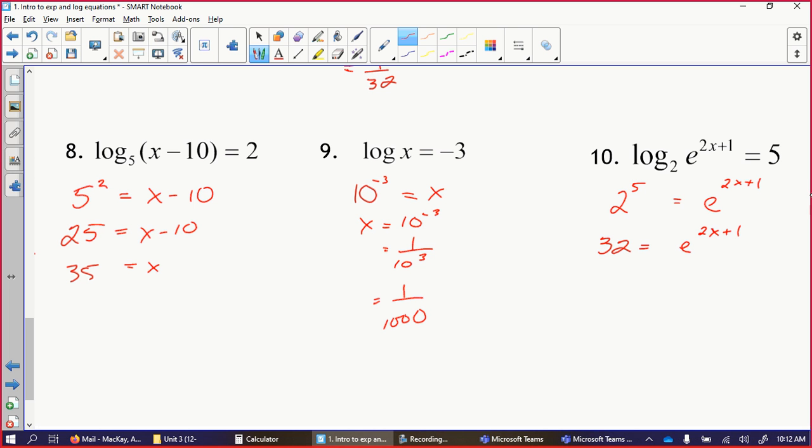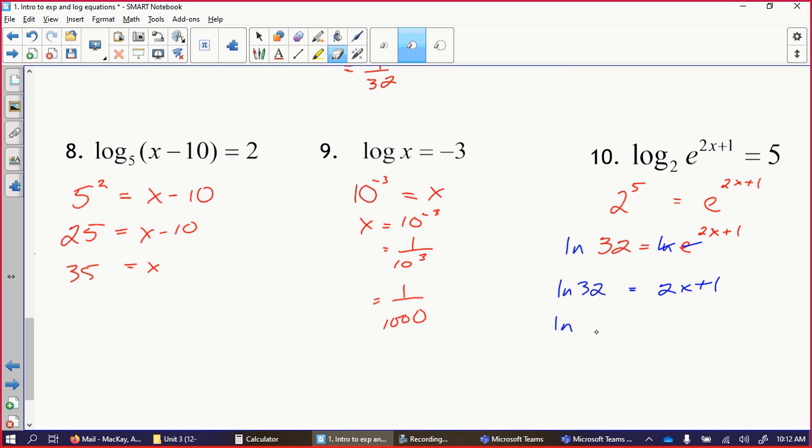How do we get rid of that? We take the log, or I'm going to use, because it's the base e, ln of both sides. Ln of 32 equals ln of e to something, those go away, 2x plus 1.